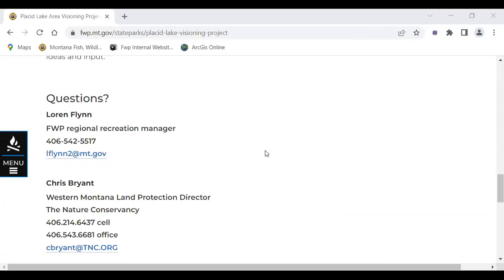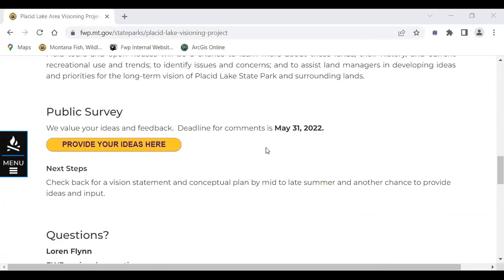I just remind people, Vivica, that we are very early in this process. Even though we say the deadline for comments is May 31st, that's for comments on just these concepts that we've provided here tonight. There are going to be other parts of this process, and there'll be plenty of other opportunities for public comment on specific ideas that we roll out.